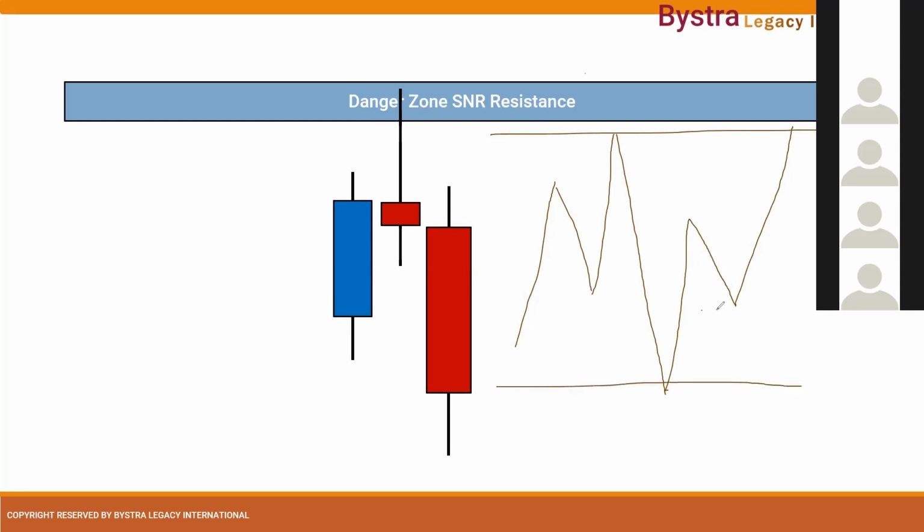So all the SNR levels you must mark, because you know why? Price will always react towards all these SNR levels, whether it breaks or not. We must always mark them. So when, for example like this, price breaks this resistance, we do not take the SBR or RBS as a danger zone.